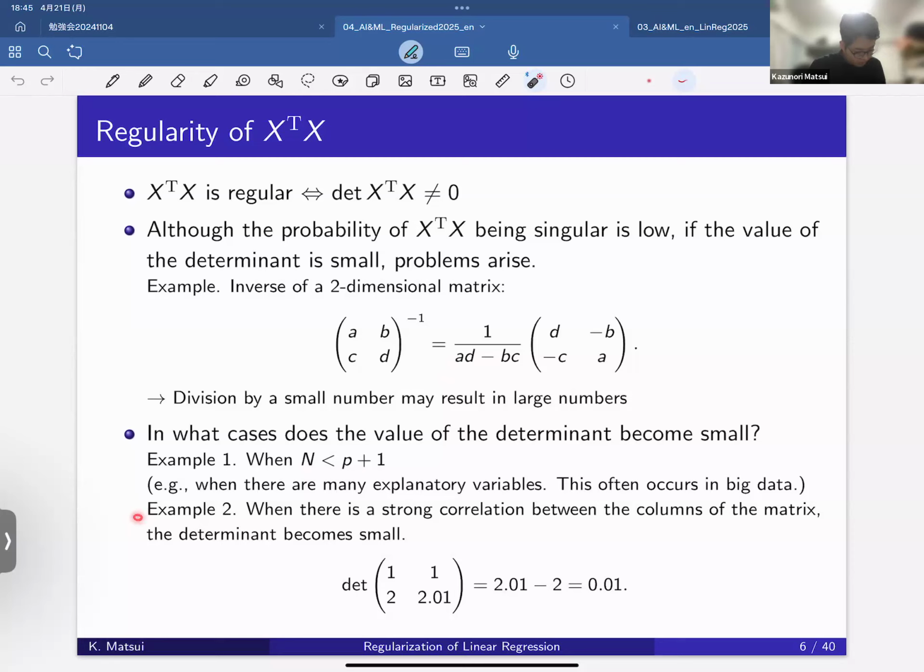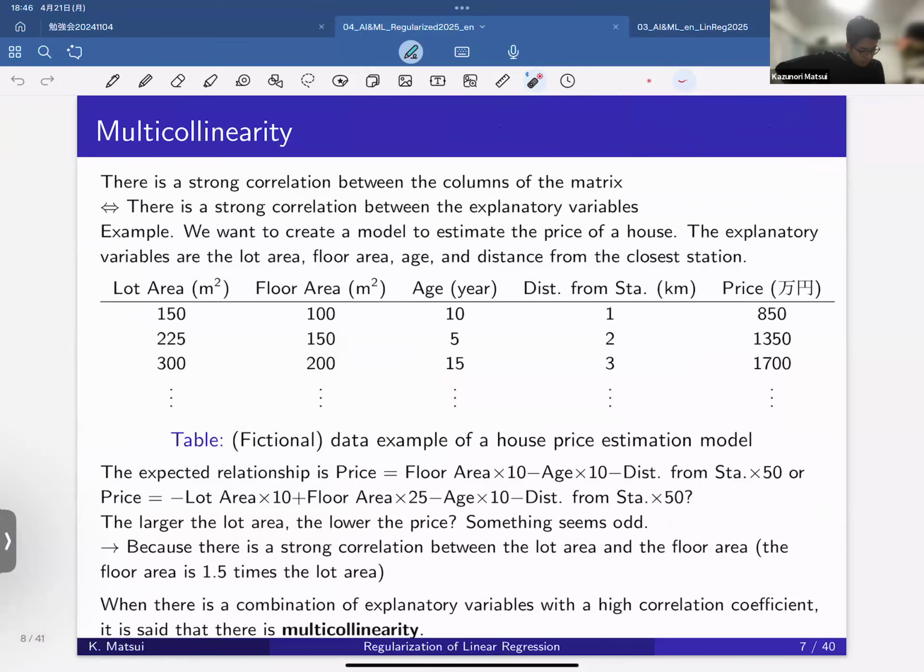For example, if we have a column of 1, 2, and another column of 1, 2.01, the determinant would be 2.01 minus 2, so the determinant of this is 0.01. What does it mean when there is a strong correlation between the columns of the matrix? It means there is a strong correlation between the explanatory variables. Does this really happen? Actually, it's a common problem in real situations.